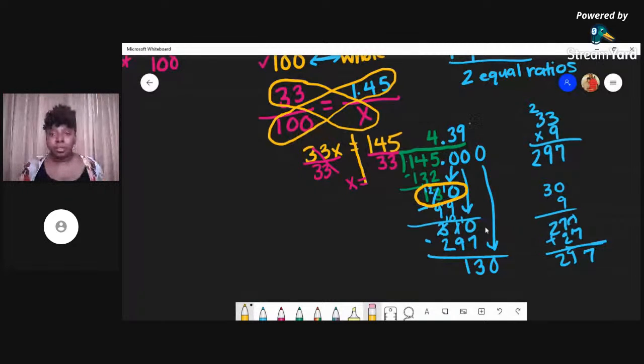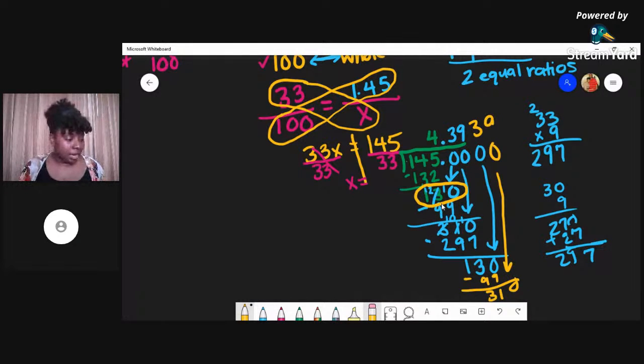Because then we would do 3 again and 99. And then we'd have 310 again. What's happening? And then we would put a 9. What keeps happening? It's repeating, so it's a repeating decimal. Awesome. What's repeating? The 39.